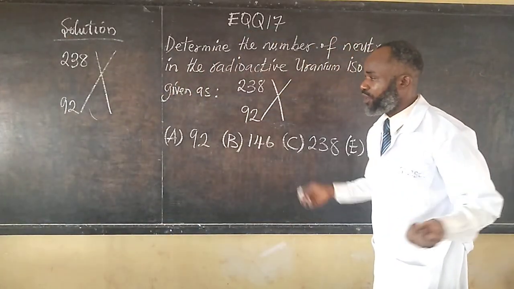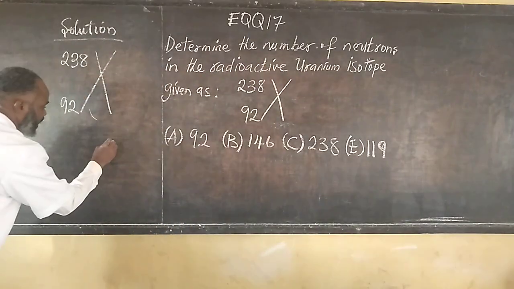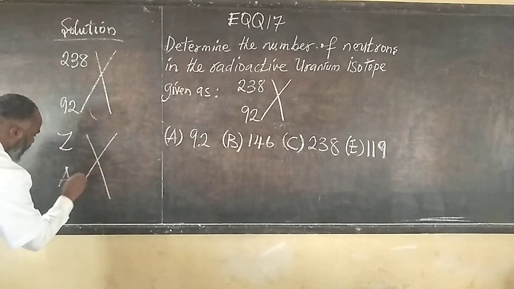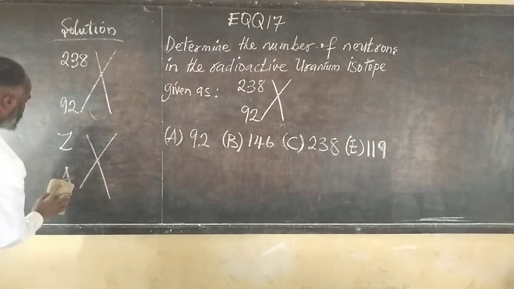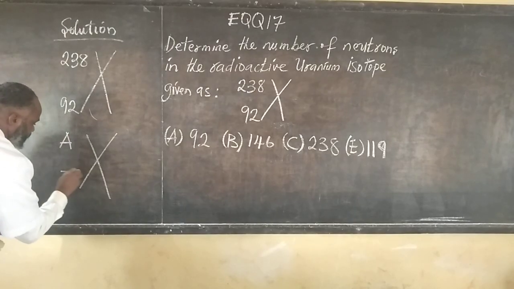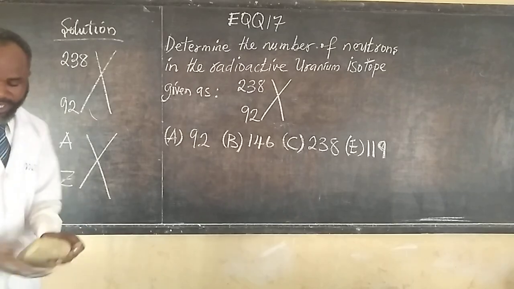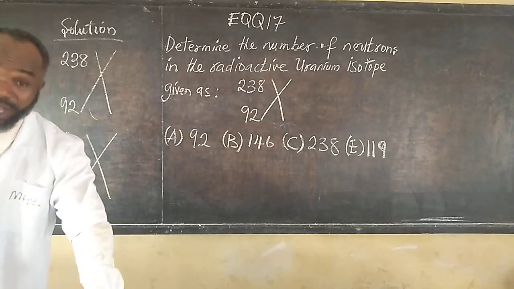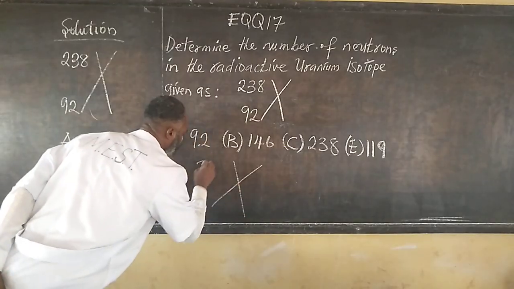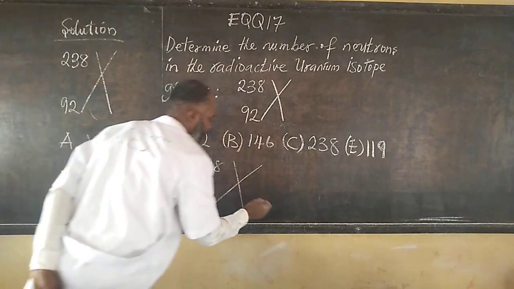So we represent this the way it should be: X, with A as the mass number and Z as the atomic number. If we have this, we can pair the two up. We now have 238 and 92.